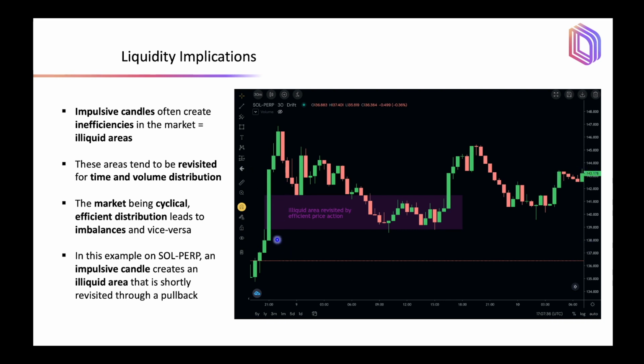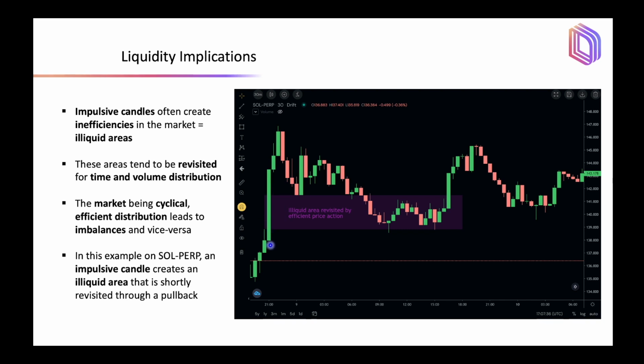This very impulsive move usually creates inefficient price action or illiquid zones, and the reason for that is that they spend very little time on those levels in between the high and the low, or the open and the close, and very little time and volume is distributed at this level.